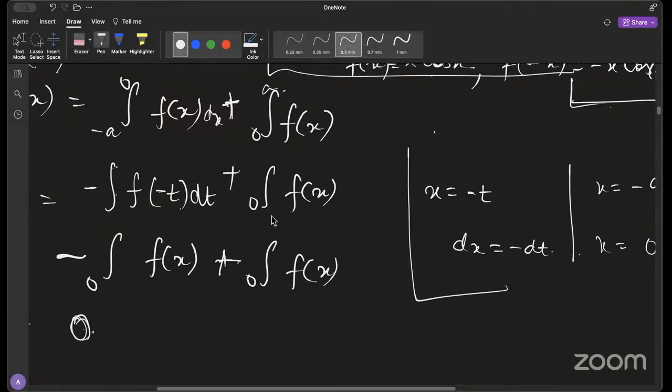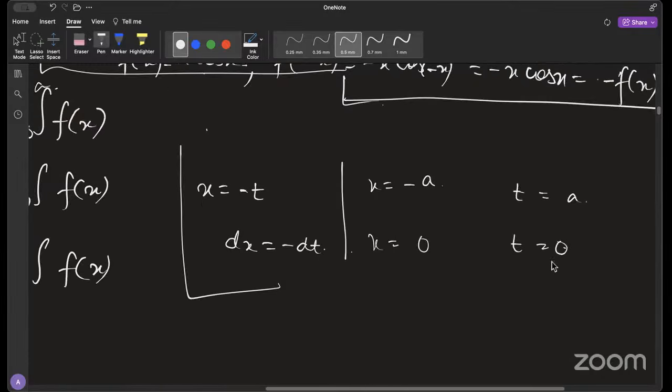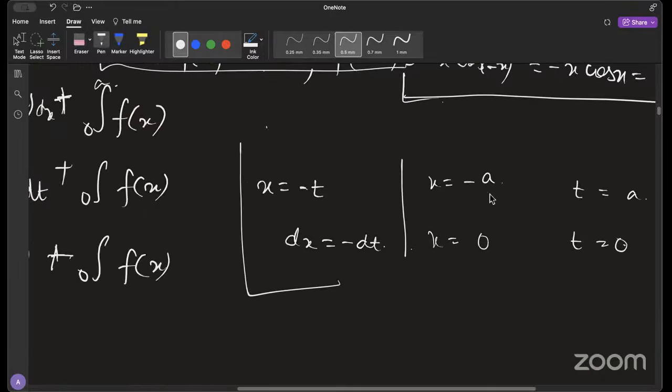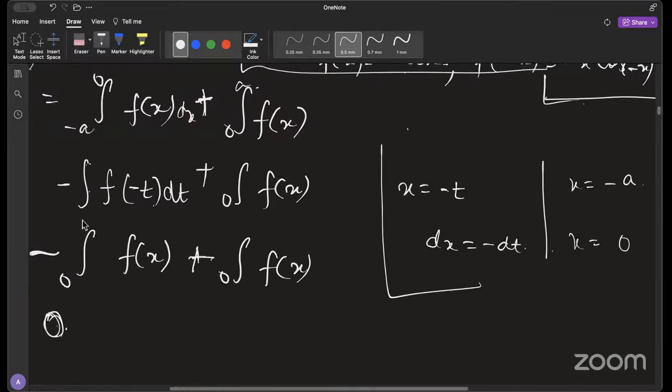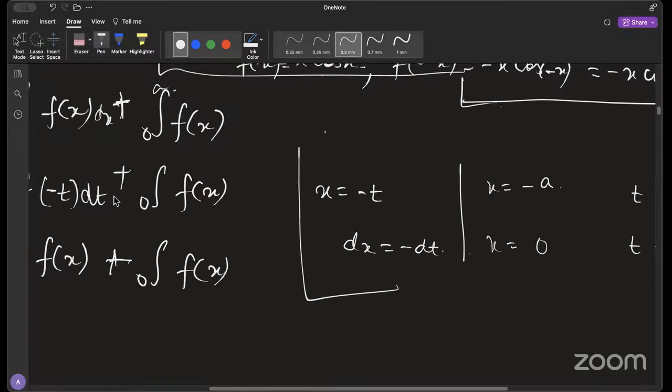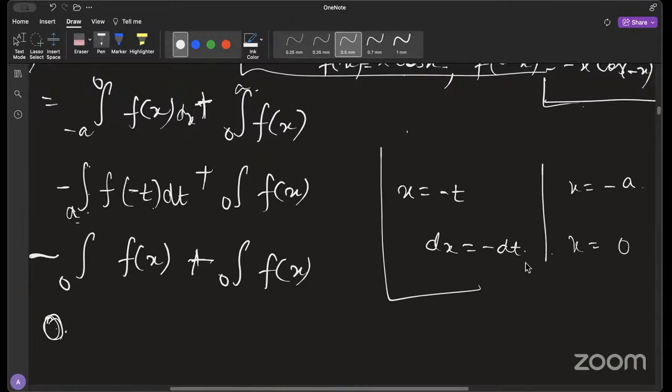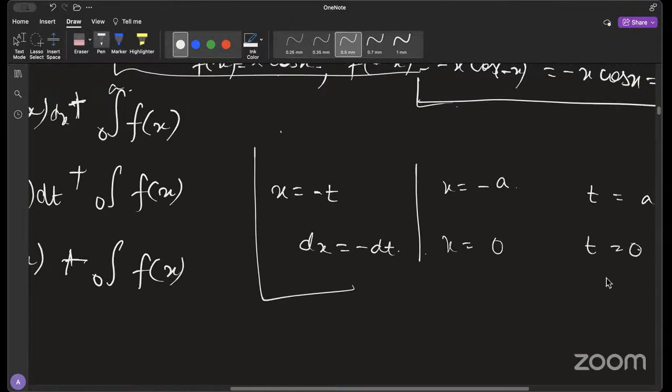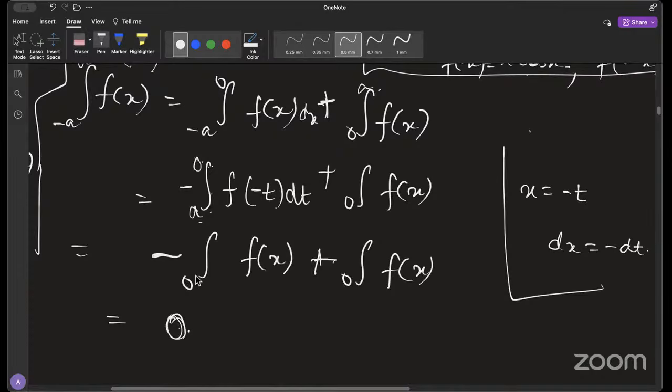And from here you'll have the limits: when you have x equals -a here, you'll have t equals a. So this is a. And when you have x equals 0 here, you have t equals 0 here. So this will be it.